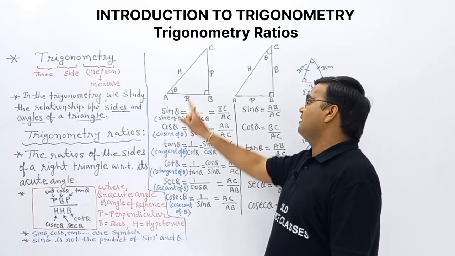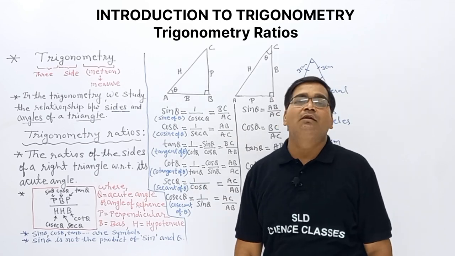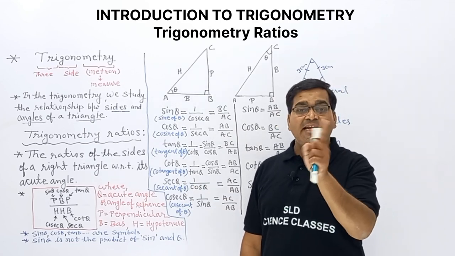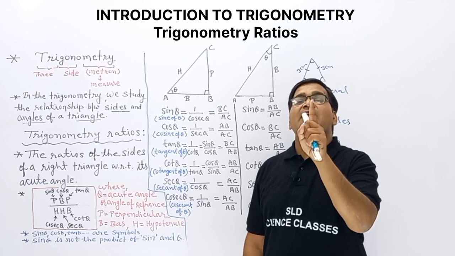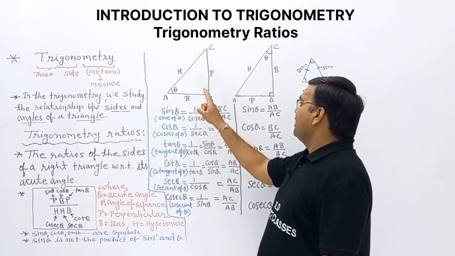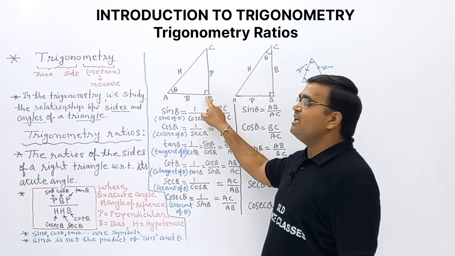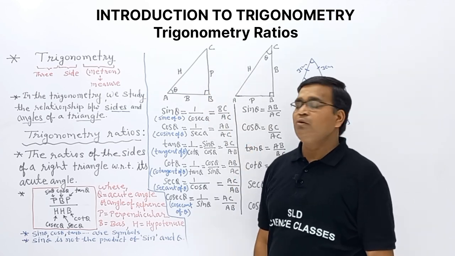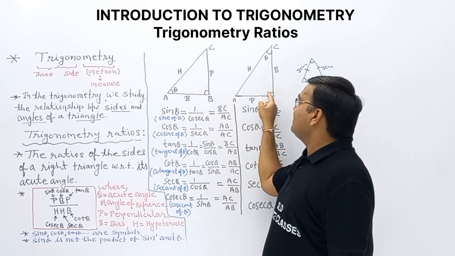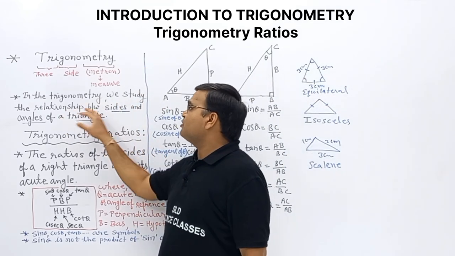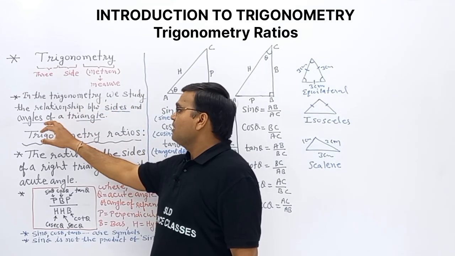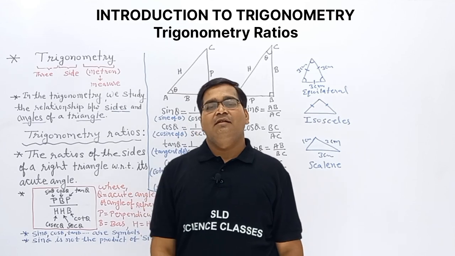Right angle means the angle is 90 degrees. So in both we have B as 90 degrees. So in trigonometry we study the relationship between sides and angles of a triangle.